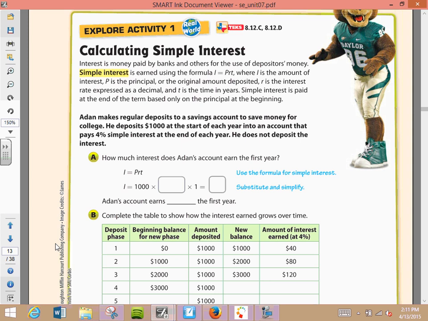So you save that money in this context, $1,000 every year that you put in the bank for college, and it earns interest on its own. It grows on its own. Yes, and then yes, you can pay for college. Basically, yes, but you also get interest for having that money in the bank.